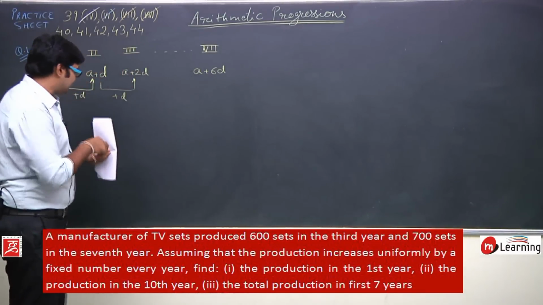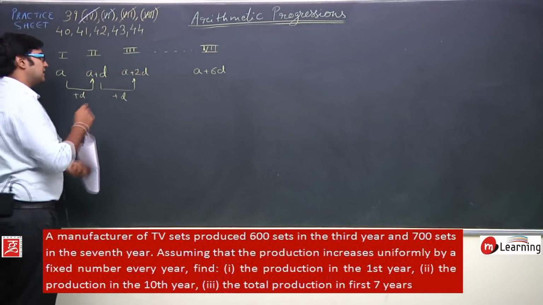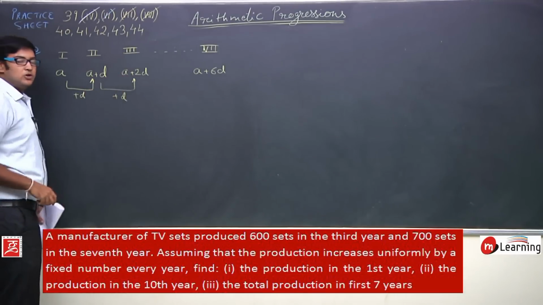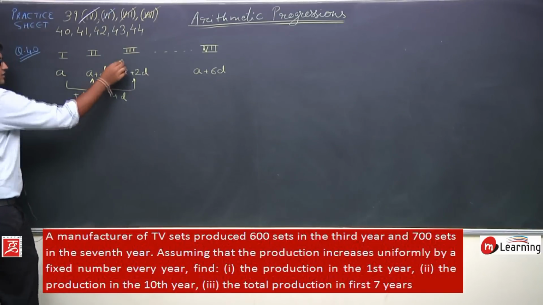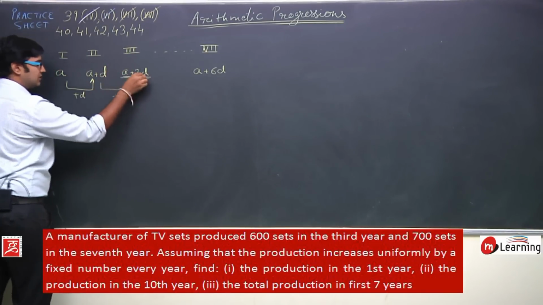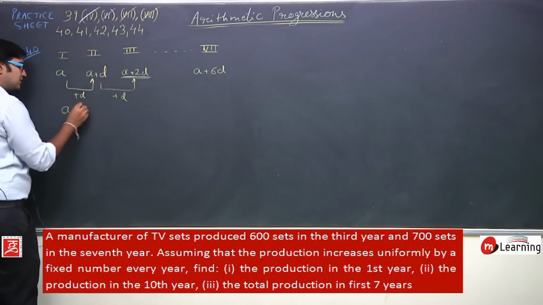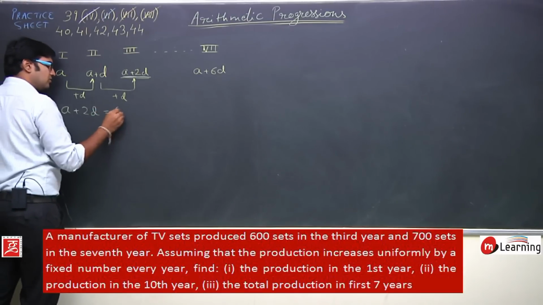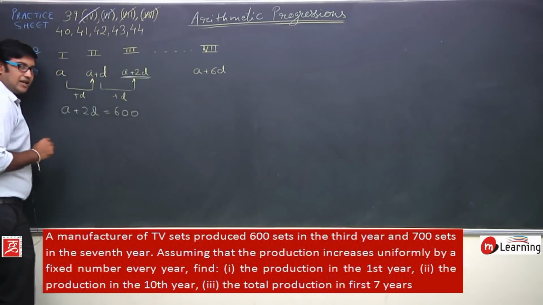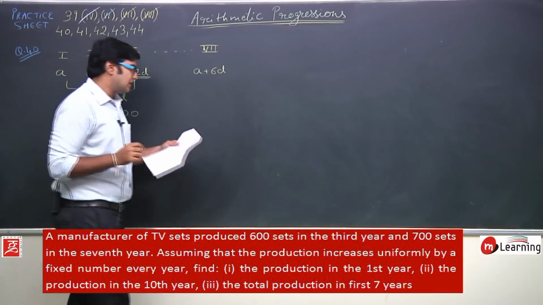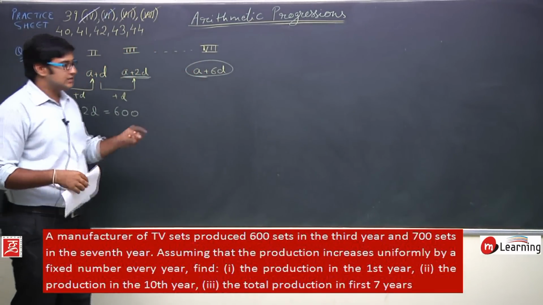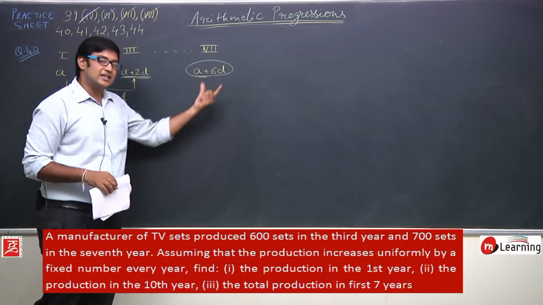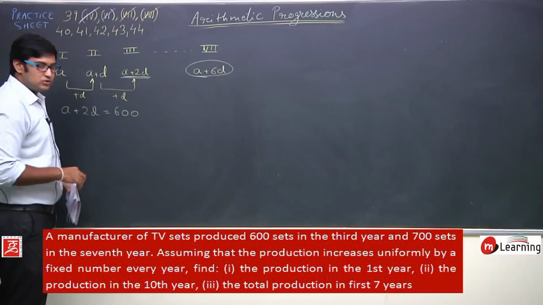Okay, and it says that in the third year the number of TV sets produced is equal to 600. Okay, in the third year, that is this one, this is equal to 600. So what I have is A plus 2D is equals to 600, and then it says in the seventh year it has TV sets produced equal to 700. So I assume that A plus 6D is the number of TV sets produced.